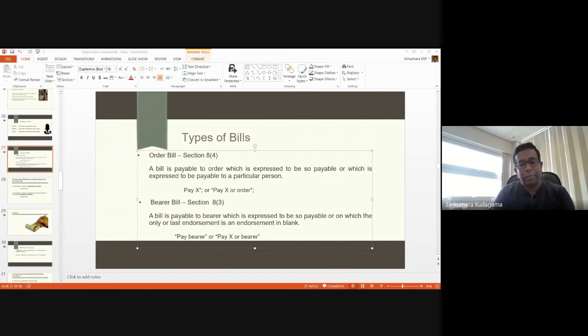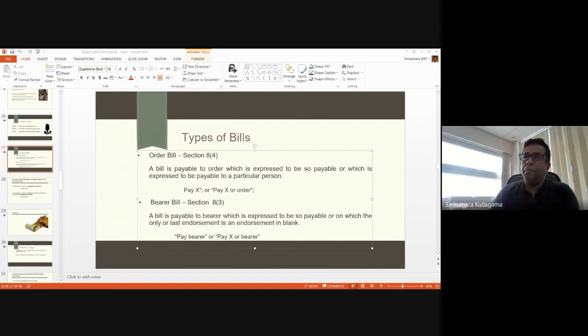Then you see the explanation. A bill payable to order on which the only or last endorsement is an endorsement in blank. Now in our example, X endorsed it to Y, and Y endorsed it without a name, meaning that it's a blank endorsement. So it has become a bearer bill.